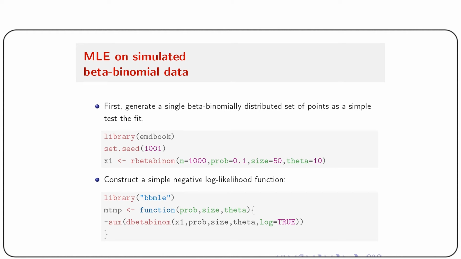Then construct a simple negative log likelihood function, say library(bbmle), then mtmp = function(prob, size, theta) -sum(dbetabinom(x1, prob, size, theta, log = TRUE)). So this function will give you the negative log likelihood function.